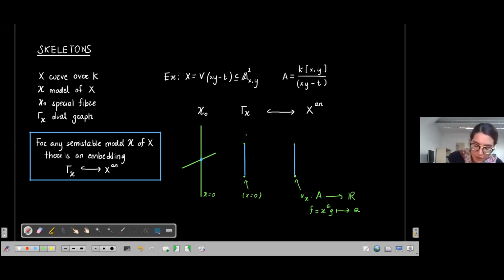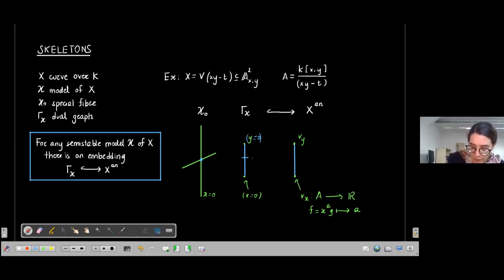And we can do the same here, where the component will be V_y. So here we will get an order of vanishing along y. Sorry, maybe this is just y equals 0. It's not yet a valuation. So how do we think of a point in the middle?